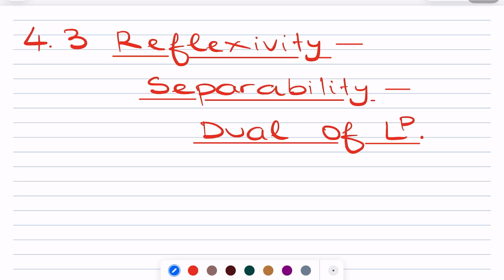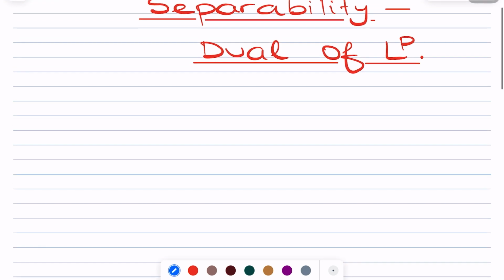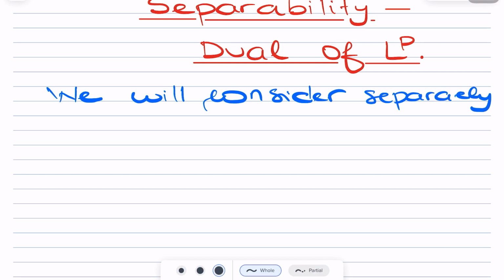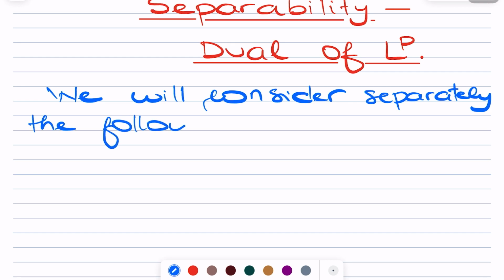So, we will consider separately the following 3 cases.